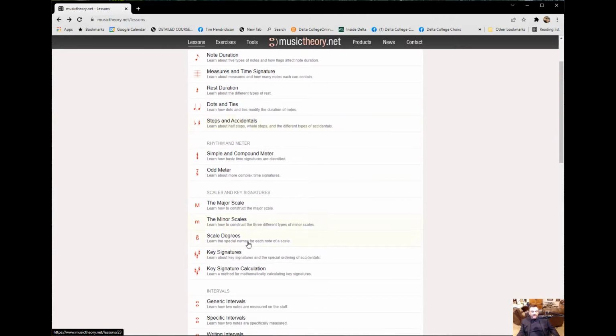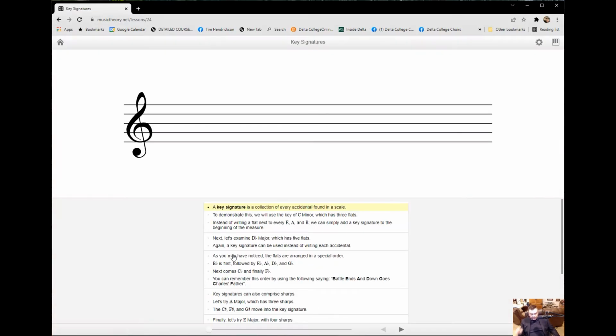And then there is a section on key signatures. Now, I have no problem with you using this, but just be aware this is going to be a little bit different description as to how we are utilizing key signatures. This is actually showing you a C minor scale. Now, we're not into minor scales yet, okay?